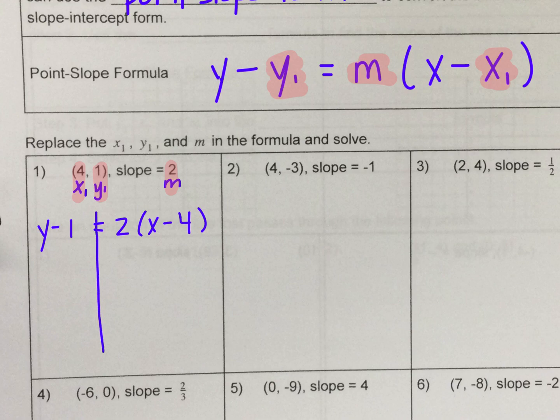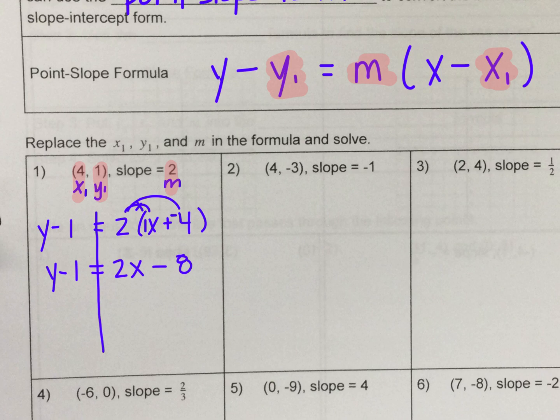I can't do anything on the left side, but I can distribute on the right. And we know when we do those arches, it means I'm multiplying. I'm going to copy y down, y minus 1. 2 times 1x is 2x. 2 times negative 4 is negative 8 or minus 8.